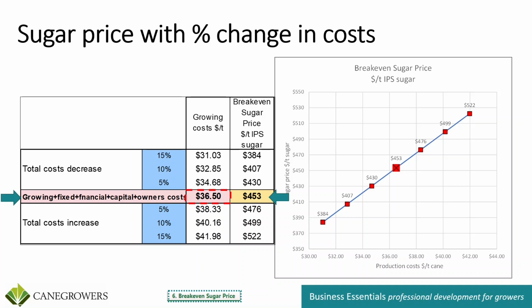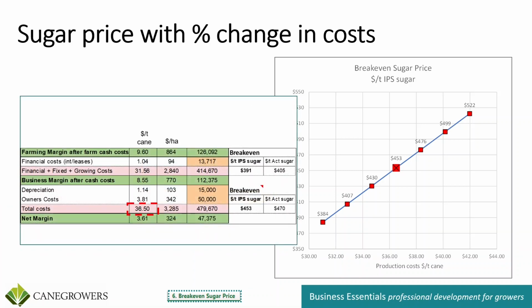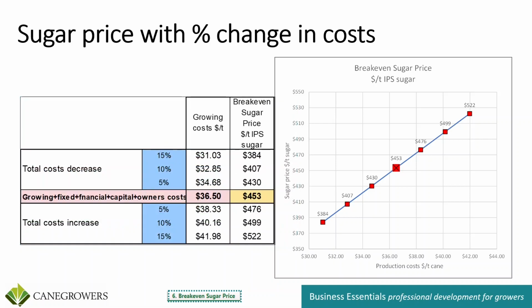Recall this number comes from the total cost line in the budget summary, here, which is $36.50. The break-even sugar price, as you've seen at this cost, is $453 per ton sugar. The table and corresponding chart shows what happens to the break-even price if total cost were to increase or decrease.